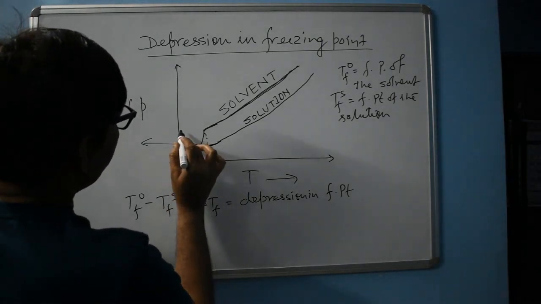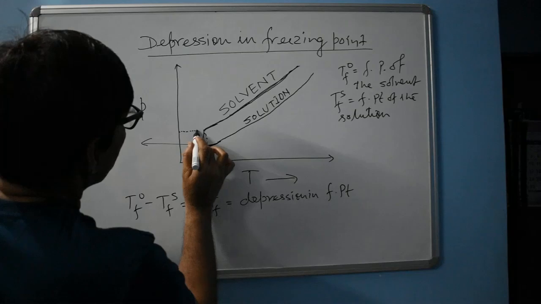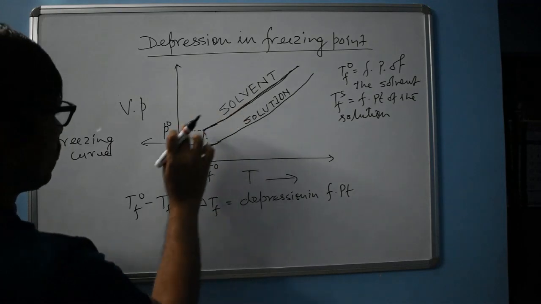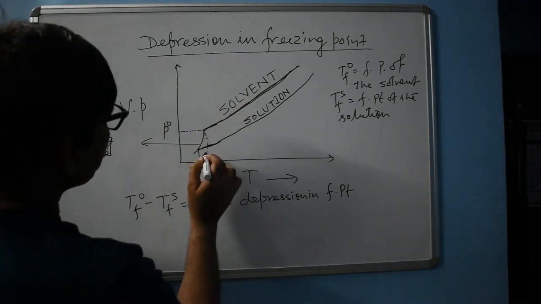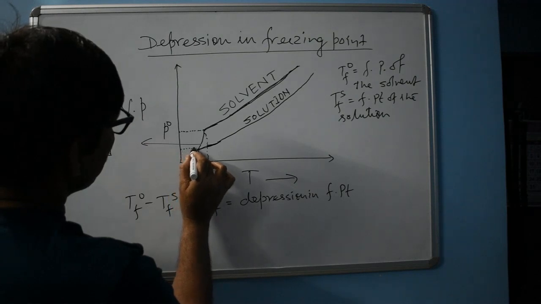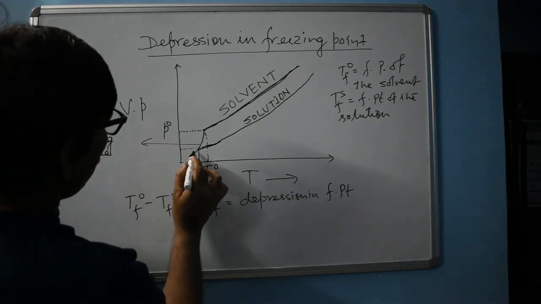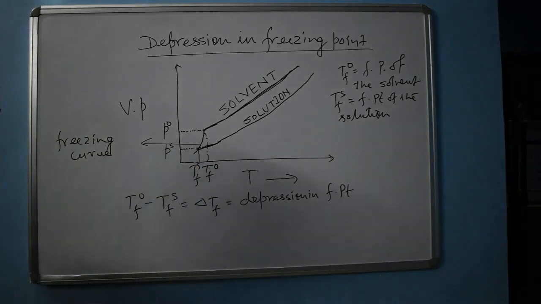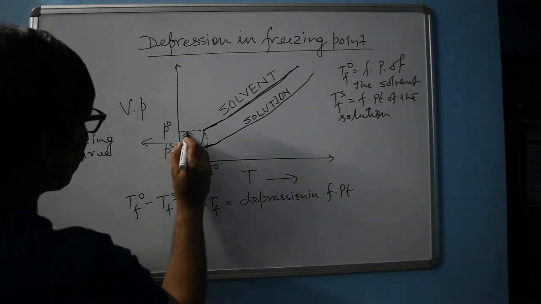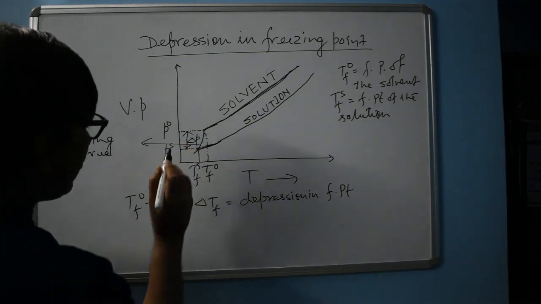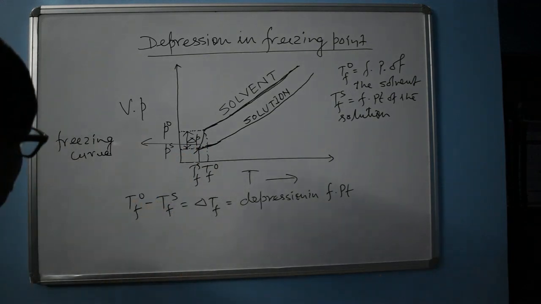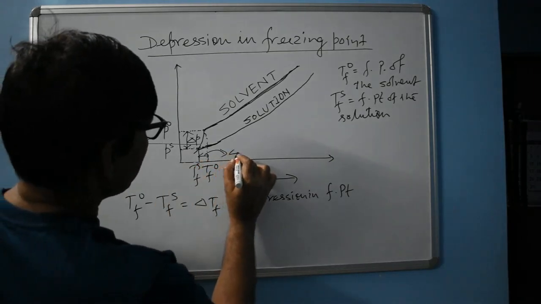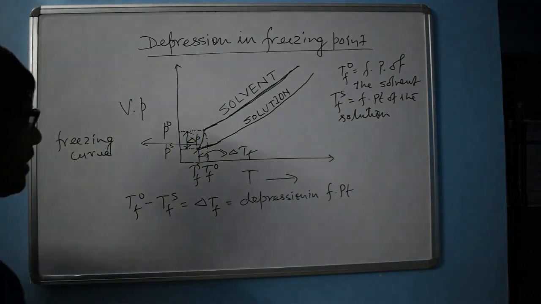Say at this temperature, the vapor pressure of the solvent is P naught, and at the same temperature the vapor pressure of the solution is Ps, and this difference delta P is the lowering in vapor pressure, and this difference, this one, is depression in freezing point. This is delta Tf and this is delta P.